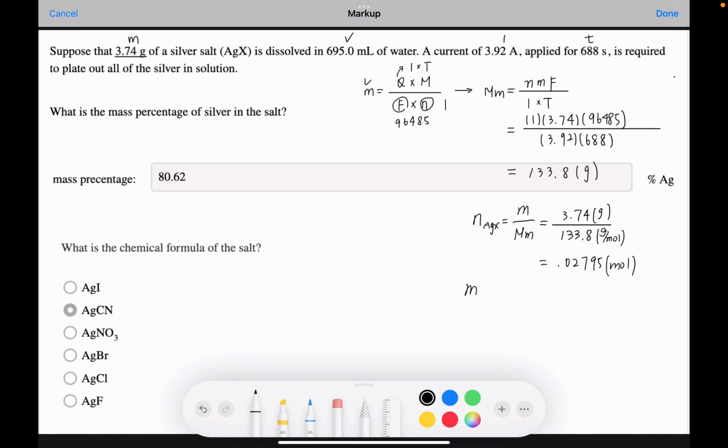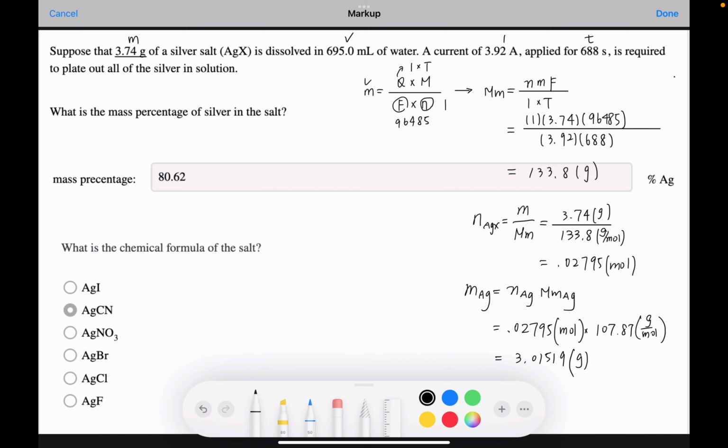The mass of Ag will be equal to the moles of Ag times the molar mass of Ag. So this is 0.02795 mole times 107.87 grams per mole. And we got 3.01519 grams. And this is the mass of silver.